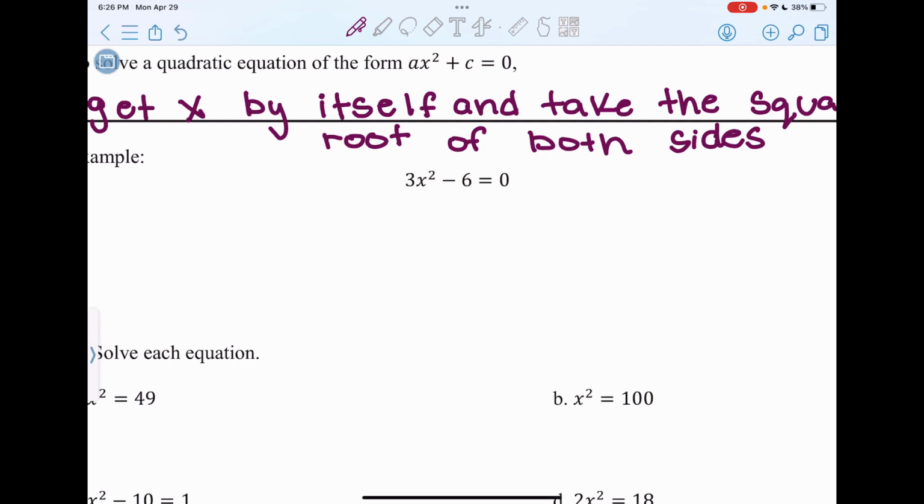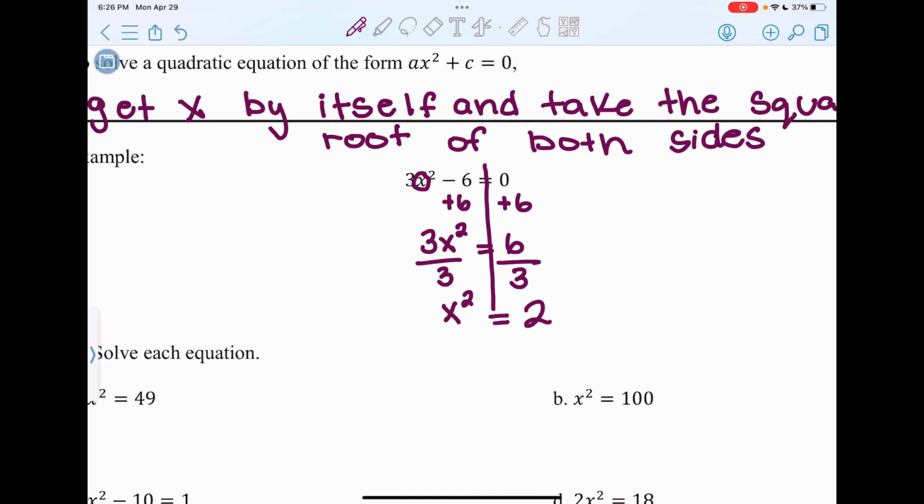So I set my equation equal to 0, and I'm trying to get x by itself. The opposite of subtracting 6 is adding 6. And I'm left with 3x squared equals 6. And then since the 3 is being multiplied to the x squared, the opposite of multiply is divide. So I divide by 3 to both sides, and I'm left with x squared is equal to 2.